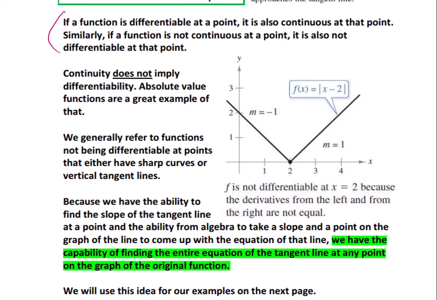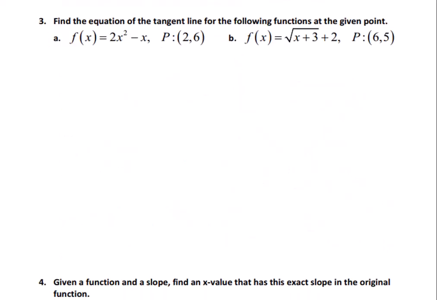Highlighted in green, we now have the capability of finding the equation of the tangent line at any point. How are we going to do that? Well, first, let's find the derivative. So for a, I'm going to say now my function is 2x squared minus x. Every place I see an x, I'm going to put x plus h.